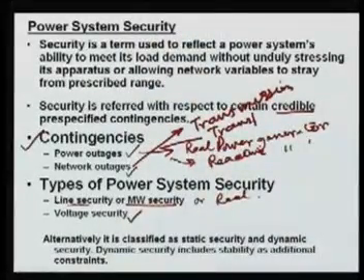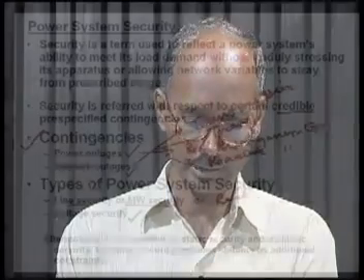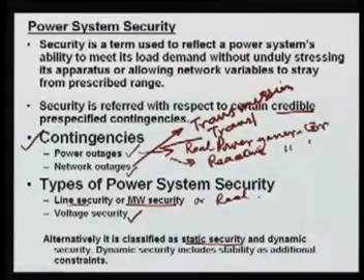Power system security can also be classified into two different broad categories. One is static security and another is dynamic security. Dynamic security basically includes stability as an additional constraint. In static security, we only go for the steady state constraints, which are the equality constraints as well as the inequality constraints.